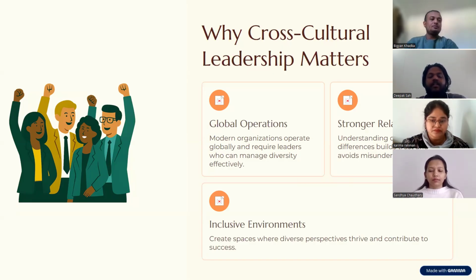Second, understanding cultural differences helps build stronger relationships. It creates trust and reduces misunderstandings between team members. And the third is it helps create an inclusive environment where everyone feels valued and comfortable sharing their ideas. Overall, cross-cultural leadership helps teams work better together and achieve success in a global environment.